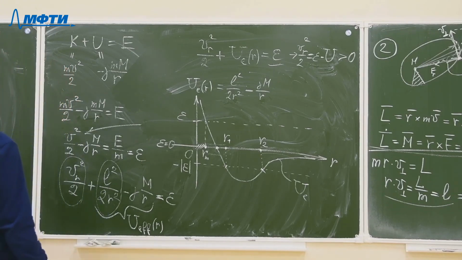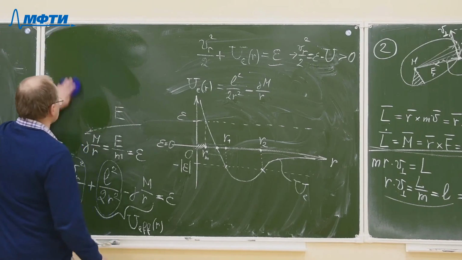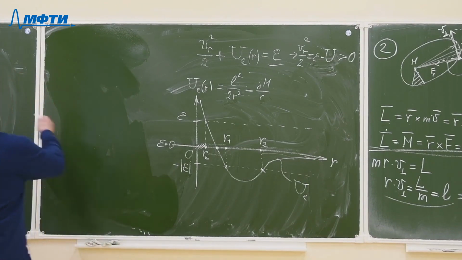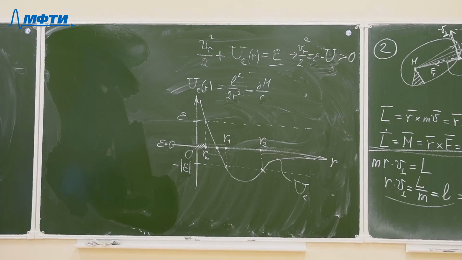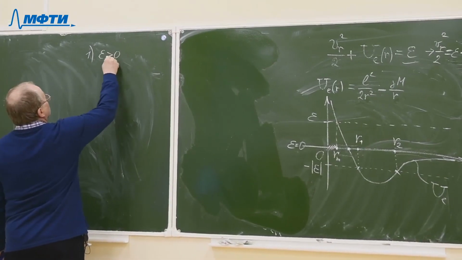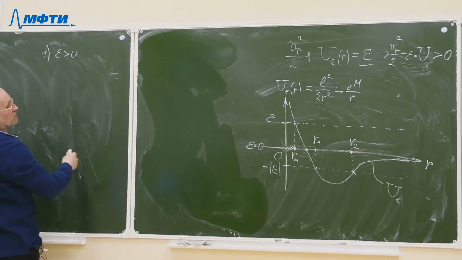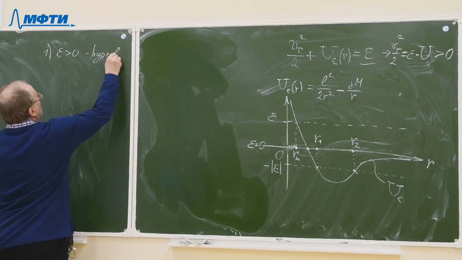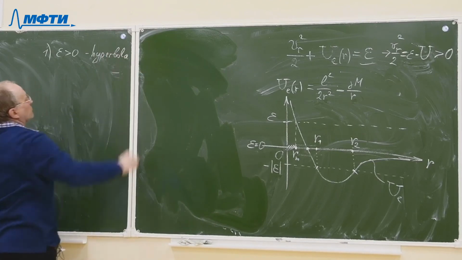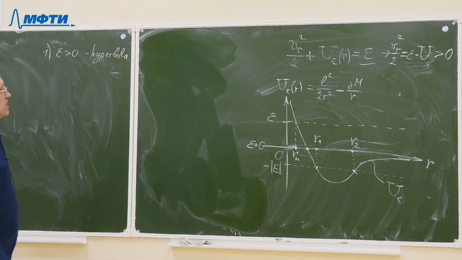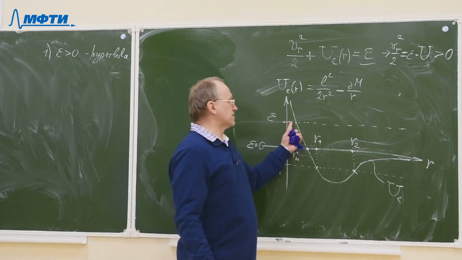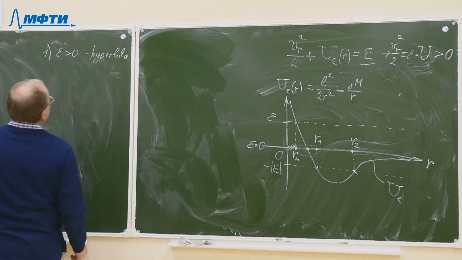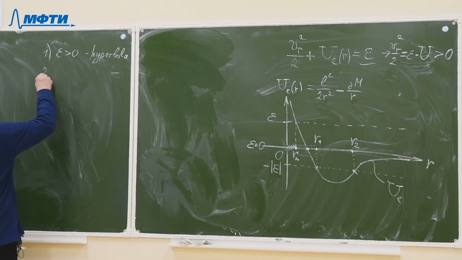So there are 3 possible situations. First, when epsilon is larger than 0, the trajectory of the celestial body will be a hyperbola. I give you that without proof, just indicating that in this case the celestial body can move to infinity, and the trajectory will be hyperbolic.